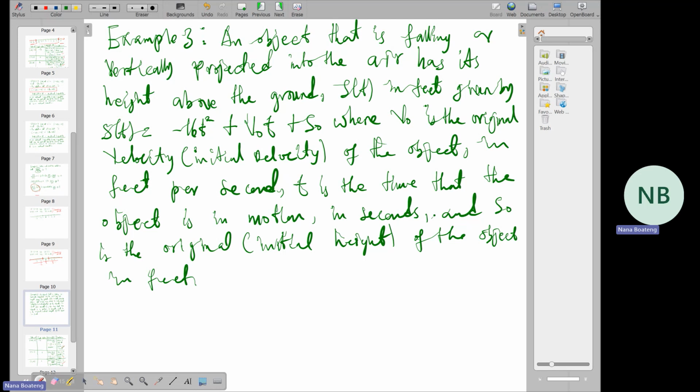All right, so let me add this to the question that v0, the initial velocity, is equal to 80 feet per second.